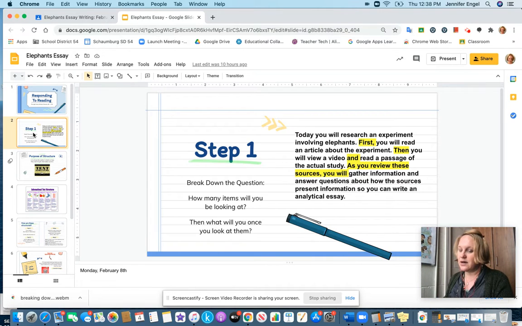And then the other thing that I like to think about is just your good old questions of who. You're going to want to look for who did what. And that is really where you're going to look at some verbs.